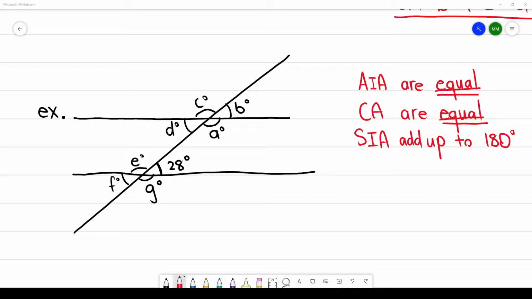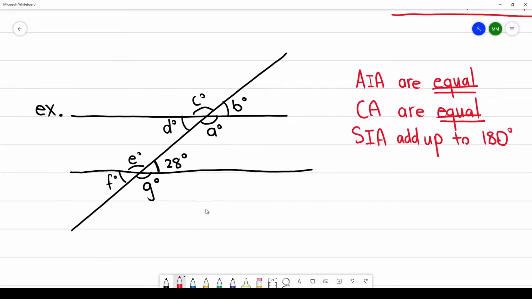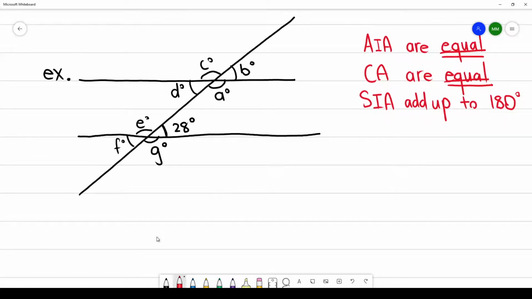So pretty good. Looks like many people are getting it. So there are actually only two measures here. One is 152 and one is 28. Now, there are many ways to find out what an angle is.